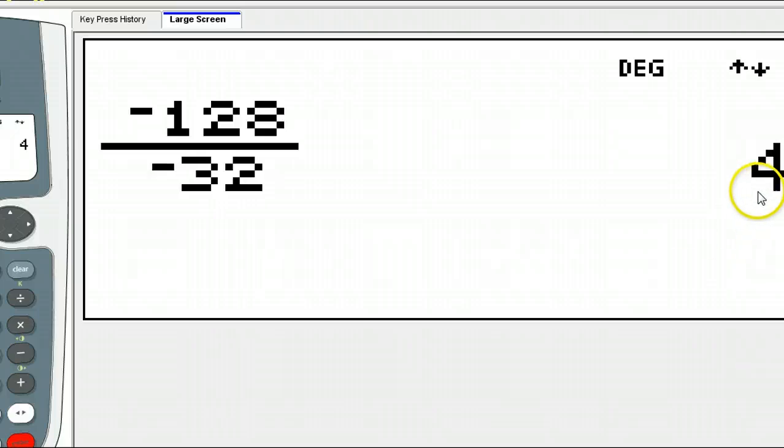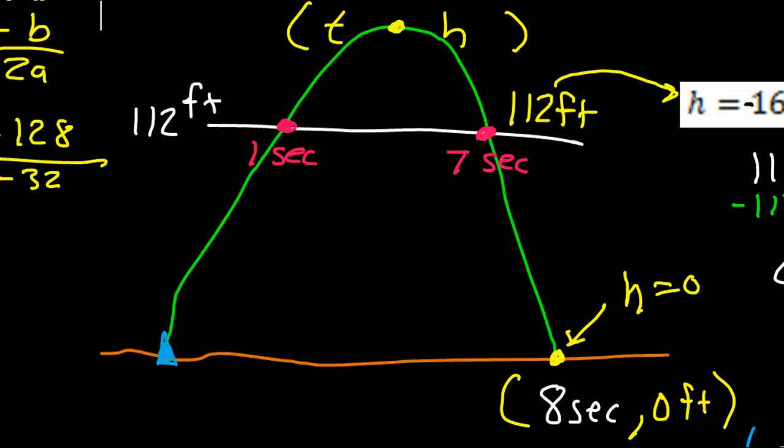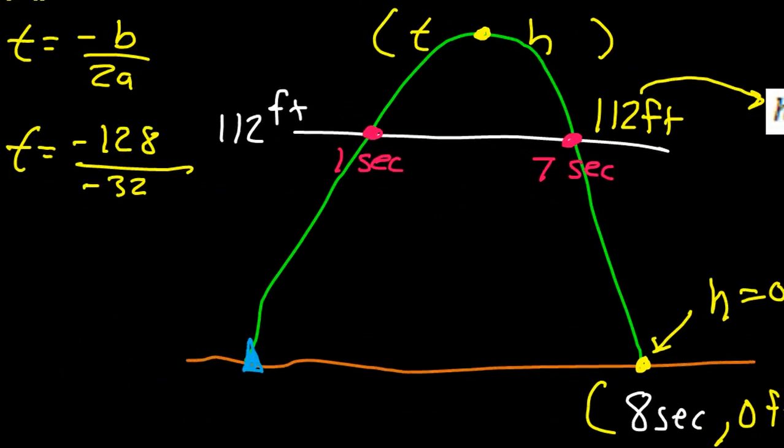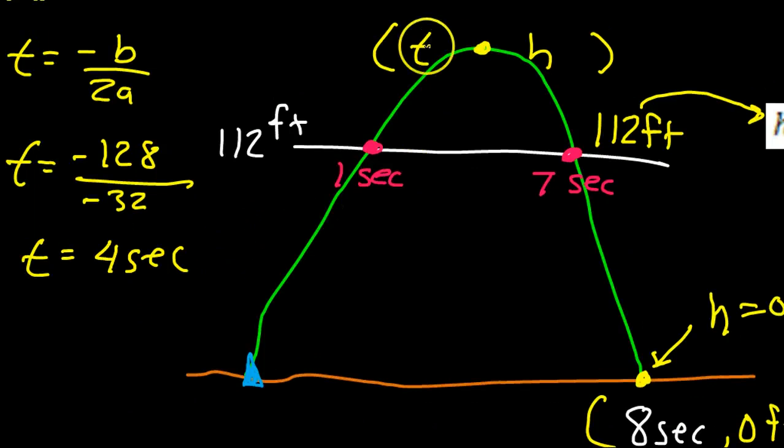Okay, that's 4 seconds. So the time of the vertex is 4 seconds.